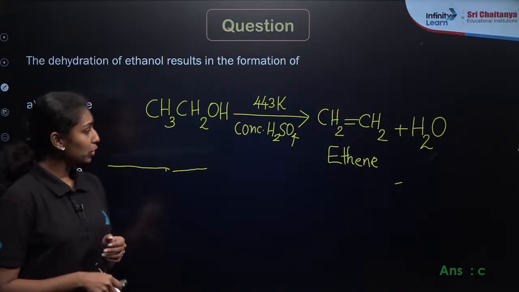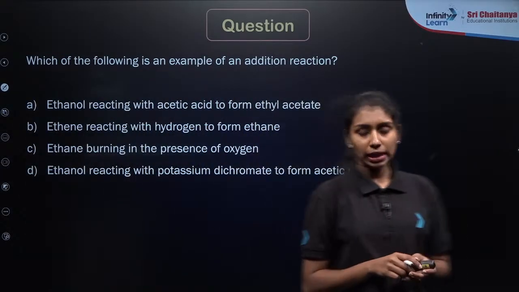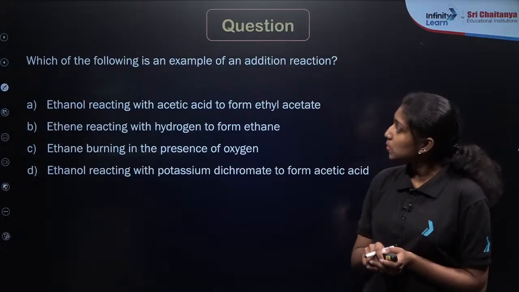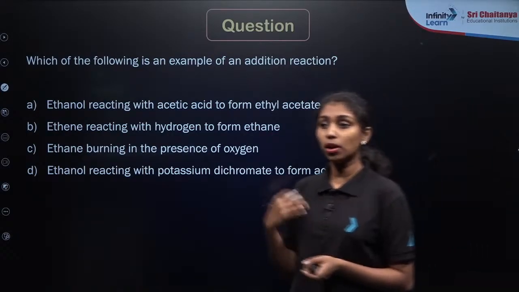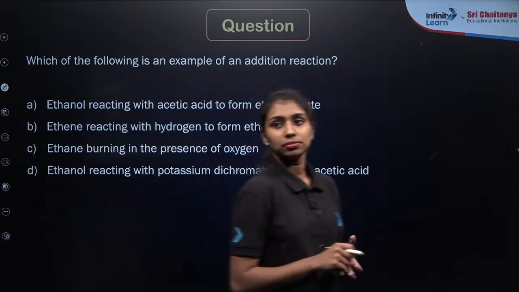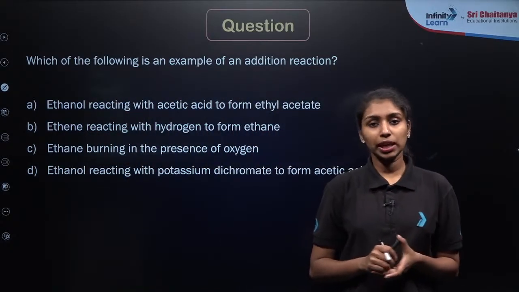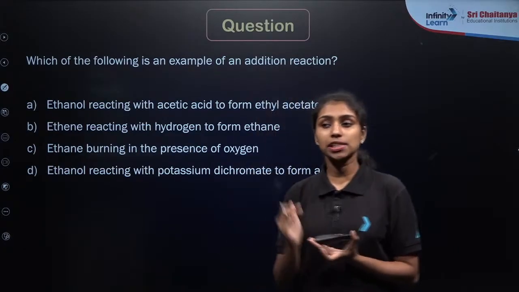Okay, fine. Now we are moving to our next question. Read the question carefully. It is a statement type question. Which of the following is an example of an addition reaction? In the chemical properties part, we have seen substitution reaction, addition reaction, combustion, oxidation, right?